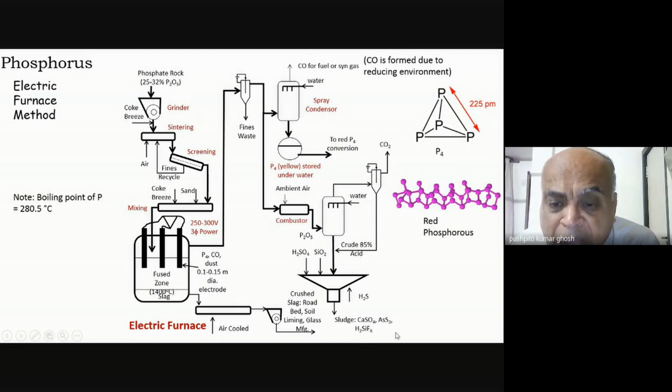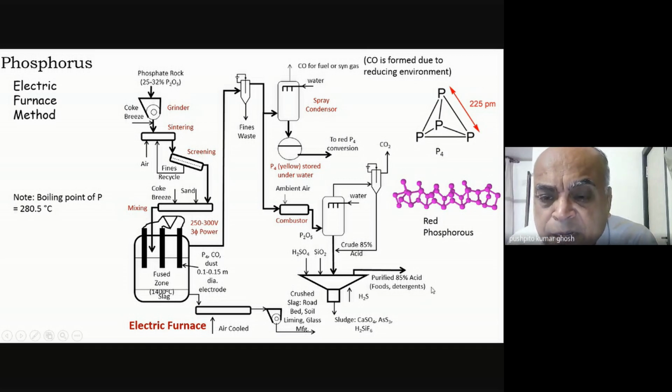So I can get rid of the impurities from this phosphoric acid, and the uranium etc. won't come, because typically it will go with the slag. Most of the rare earth, uranium etc. It's only the volatile stuff which will come here. And so finally you get a very pure acid.